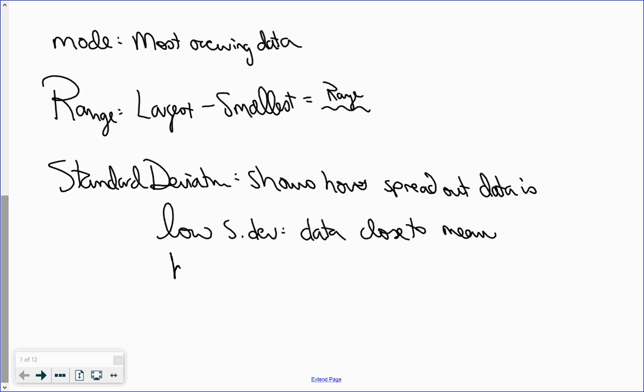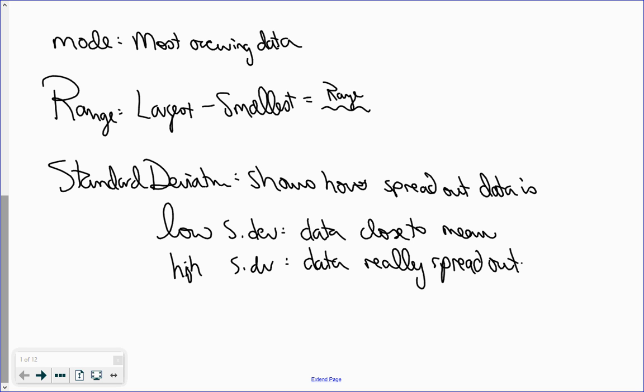If you have a high standard deviation, that means that the data is really spread out. As a teacher, when I'm giving a test, yes, the class average is important, but actually the standard deviation is more important because I want to make sure that all kids are getting about the same mark. To me, that's an indicator that it's a pretty good test.